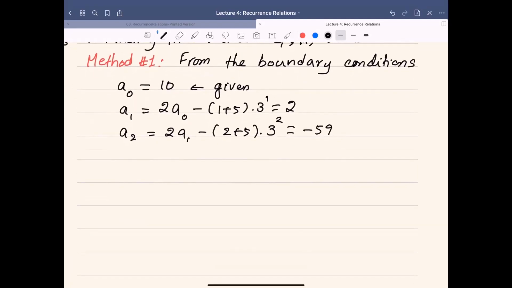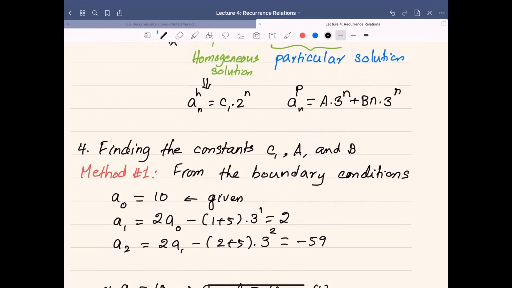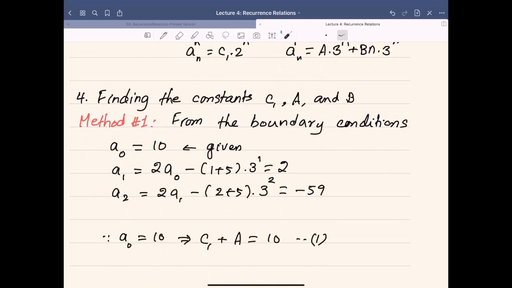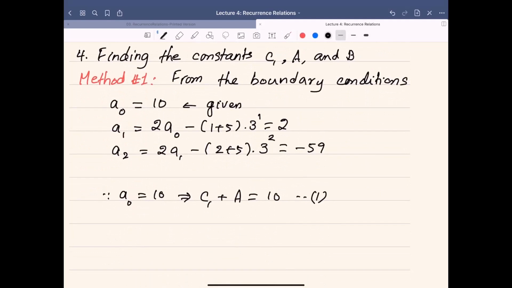Now find the equations. Since a0 is equal to 10, then we will have c1 plus a is equal to 10. This is equation 1. From where did we get this? From the general solution. When n is 0, it will be c1, then a, and the term with n is 0. Likewise for the other values.